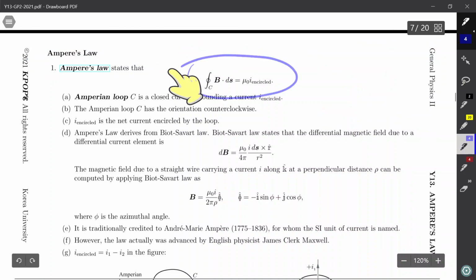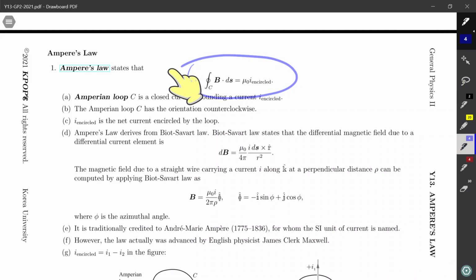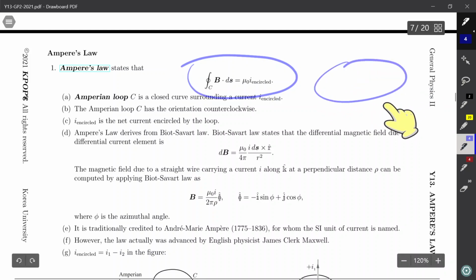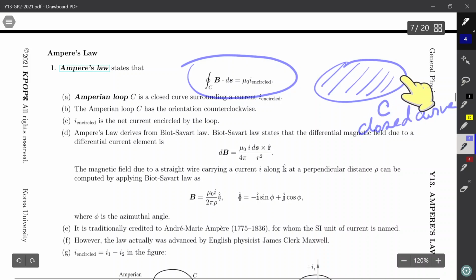This is Ampere's law. There is a closed curve. Closed curve surrounds a surface. So C is the boundary of some surface. This is the surface.